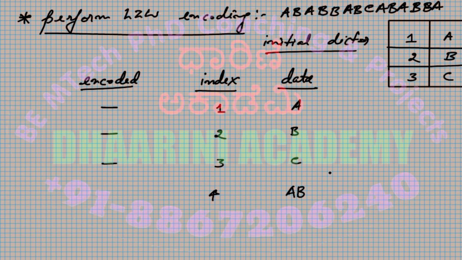I look at the A part, what already exists, and that will be your output. Write the last character of your current data as your next data. That means my next grouping should start from B.